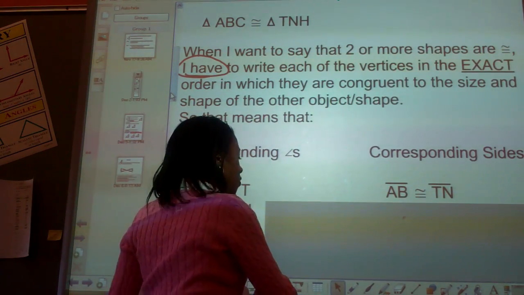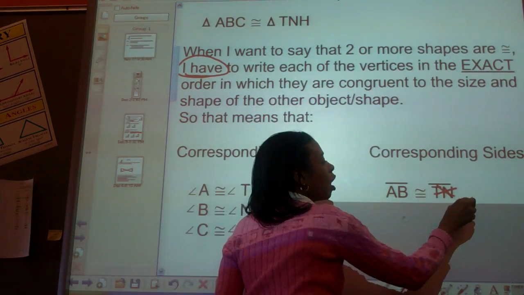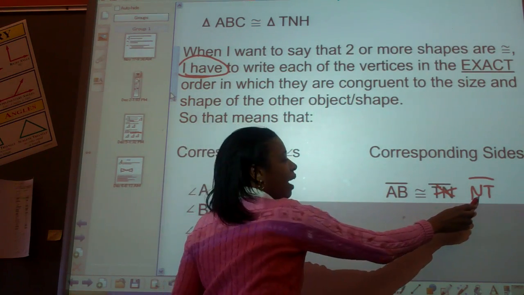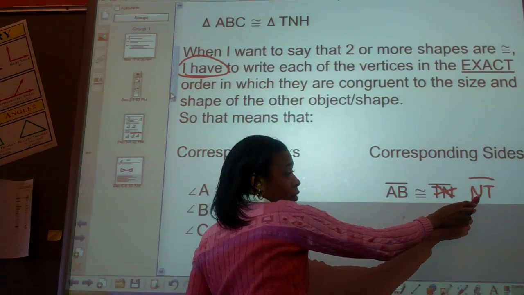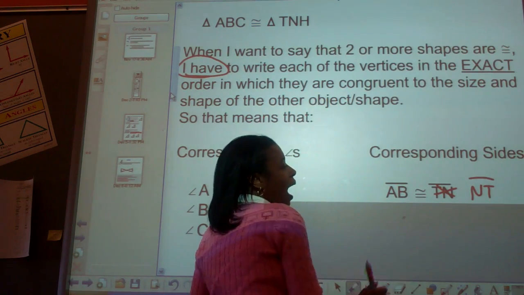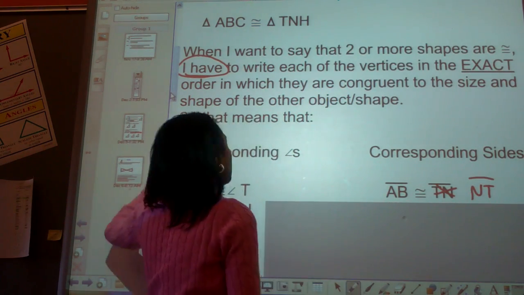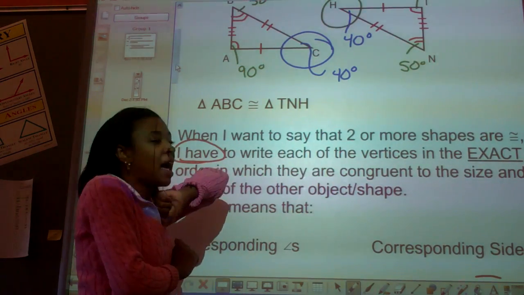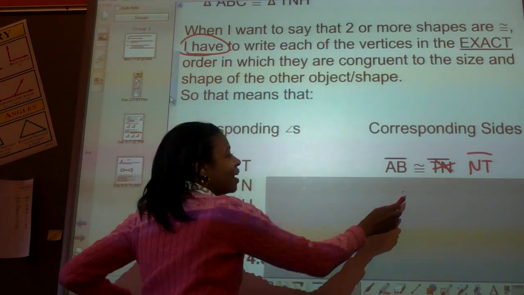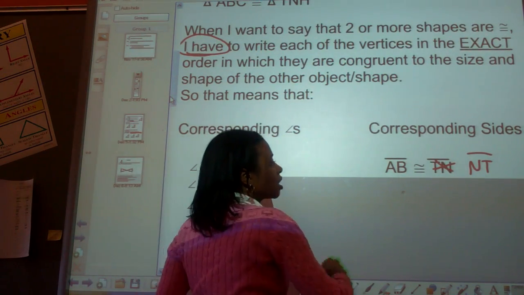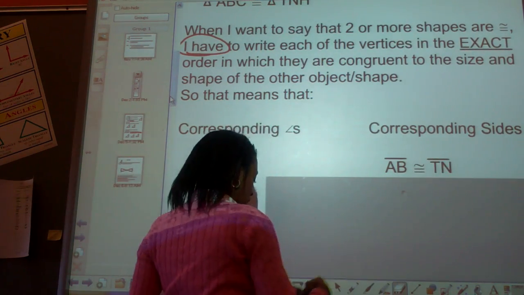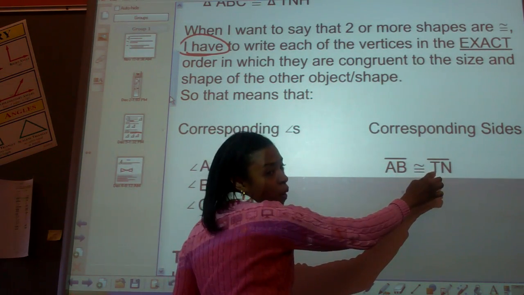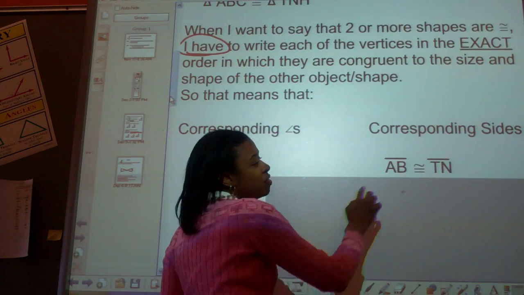Now listen, this is important. We can no longer say NT when we're trying to say congruent. If I say angle N, put this vertex N and then T, I'm saying that A corresponds to N, and that's a false statement. N does not correspond to A. I must write it in the exact position as it corresponds, because A corresponds to T. When I say segment AB, I have to write T first and then N. This time it matters.